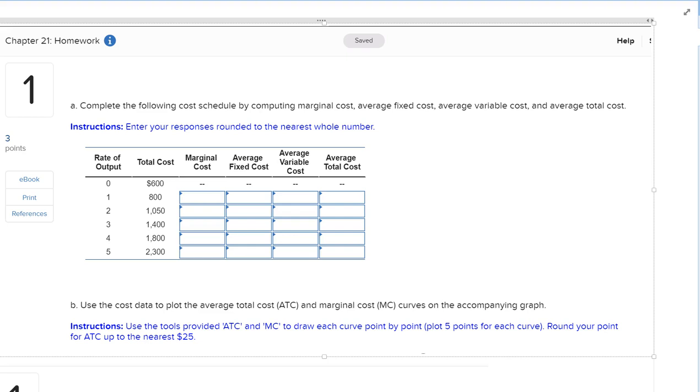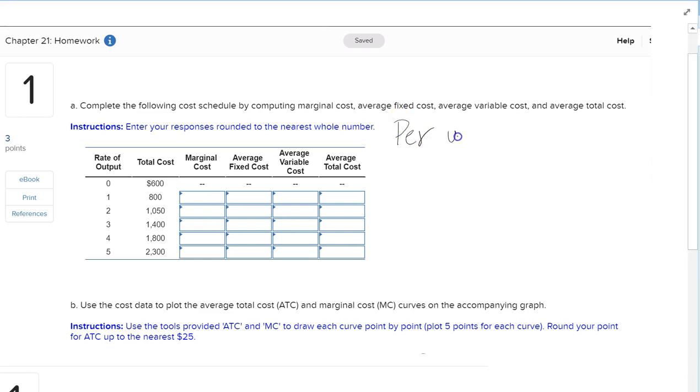So here we go. We've got marginal cost and these measures of per unit cost. So when we're talking about marginal and averages, we're looking at per unit costs, and as a marginal decision maker, the firm is interested in what the per unit costs of producing a single unit are.